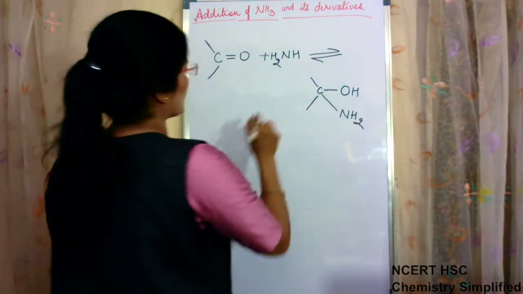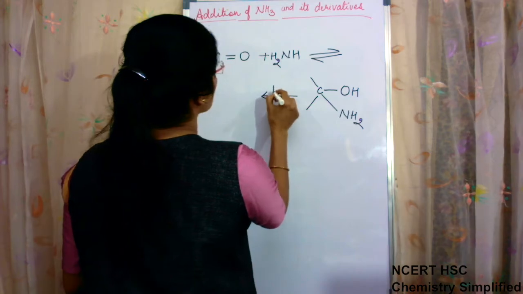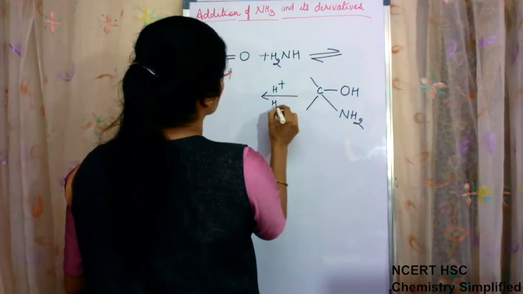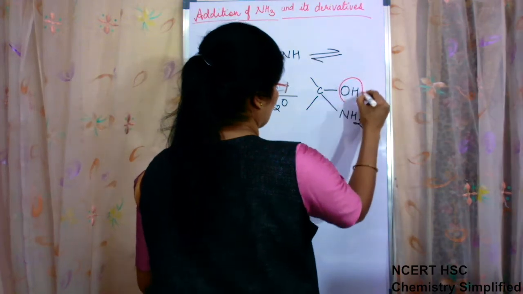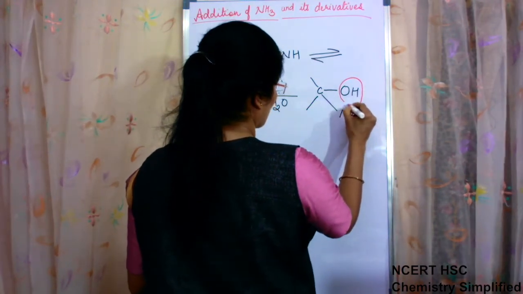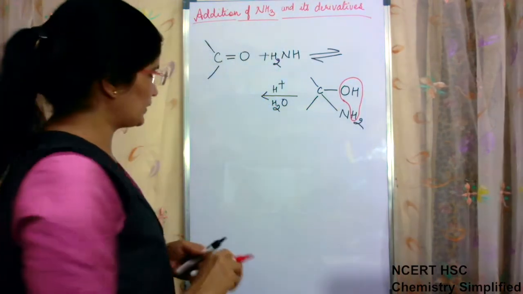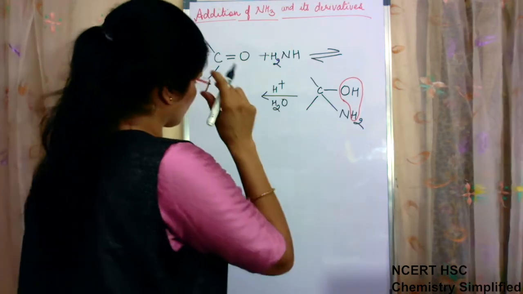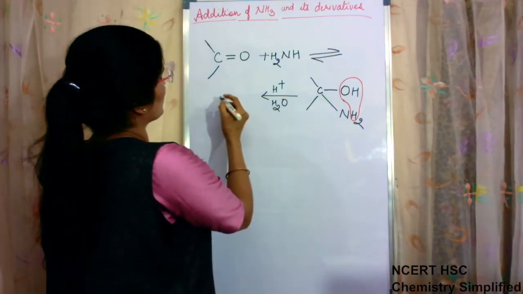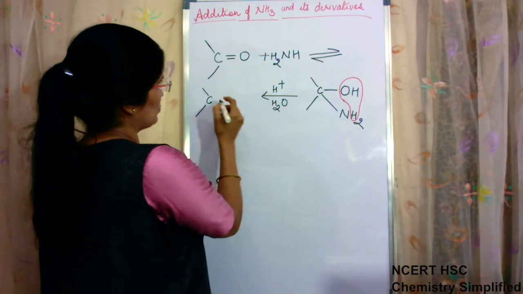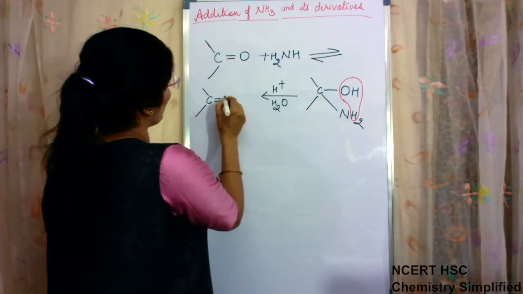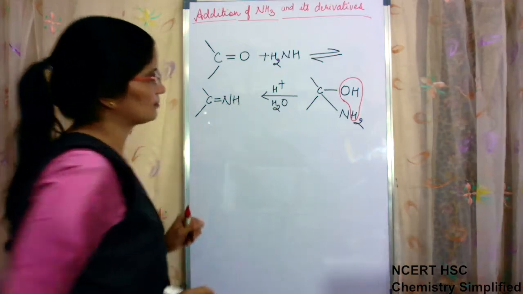Now, in the next step, in the presence of acid, one water molecule is lost. This will form C, 2 bonds here, double bond NH.